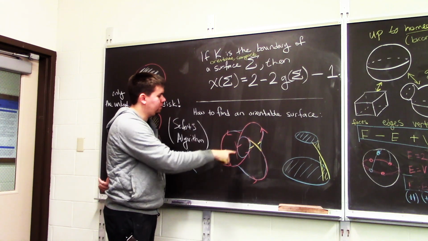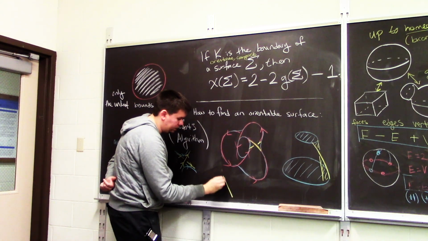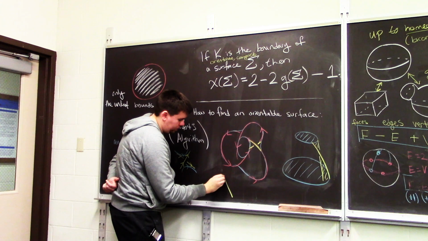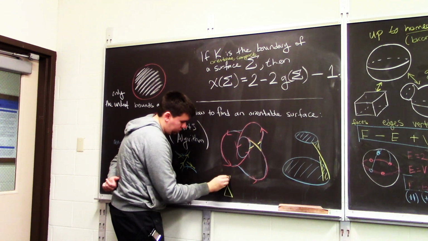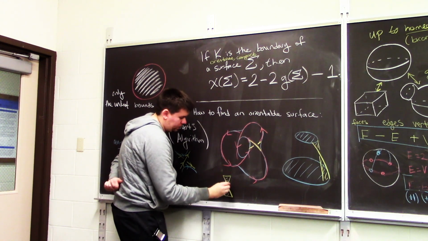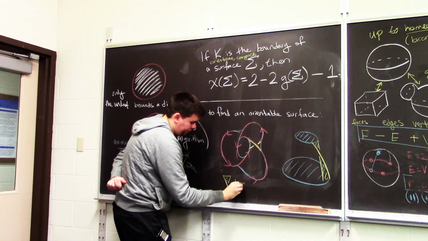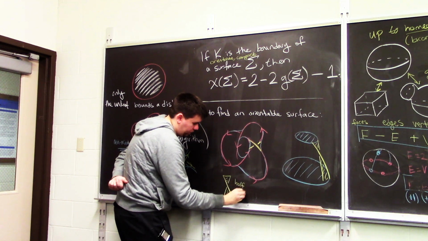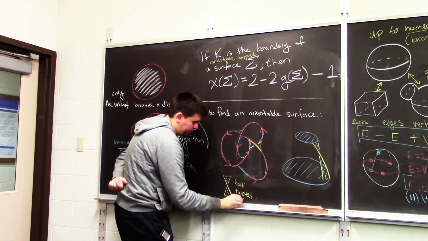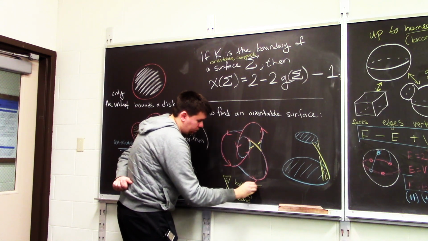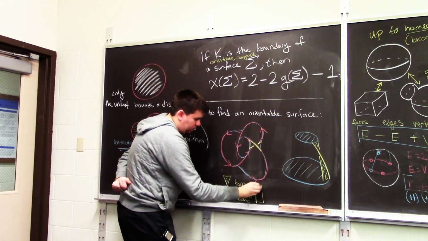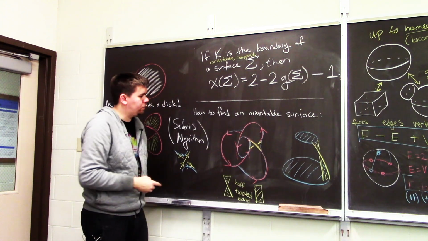And so these are bands with a half twist. It looks something like this, but all that is, is a half twisted band, where a band is just a long rectangular piece that you gave a little half twist to.